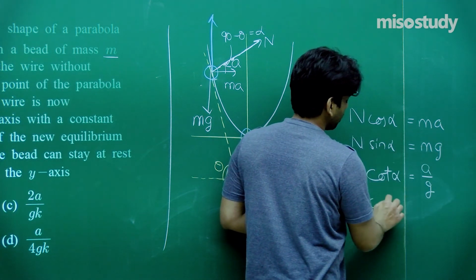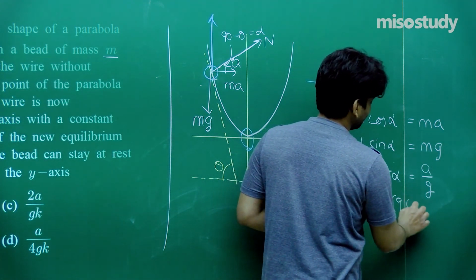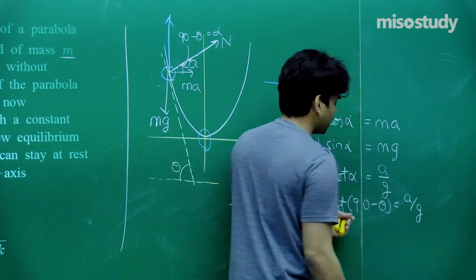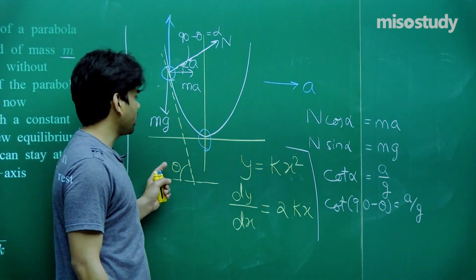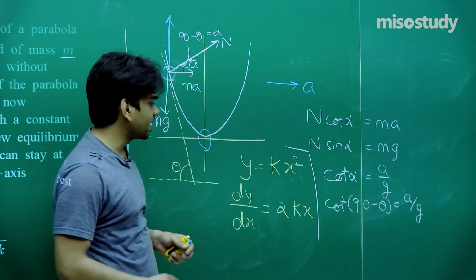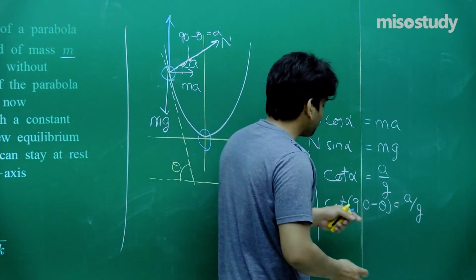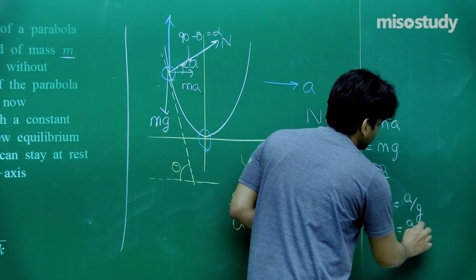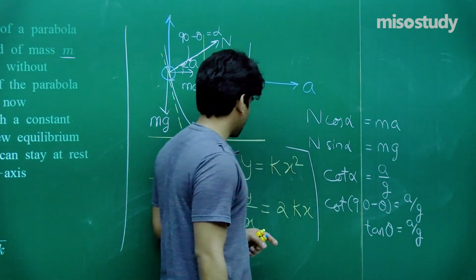That means cot of 90 minus theta will be equal to a by g. Quite obvious. We have taken this as theta, don't worry. This angle and this angle will be complementary to each other, that you can check easily. Now cot of 90 minus theta is what? Tan theta is equal to a by g. We got this: tan theta equals a by g.